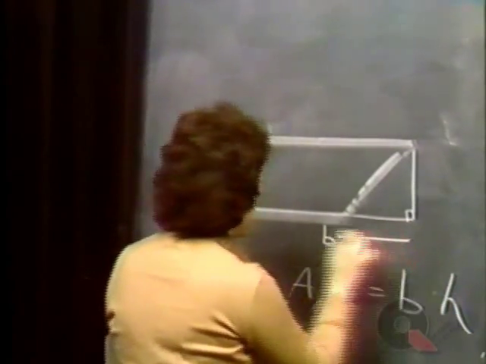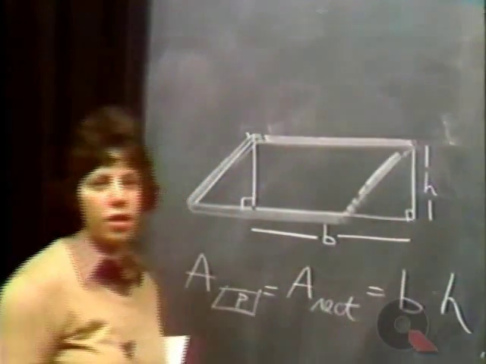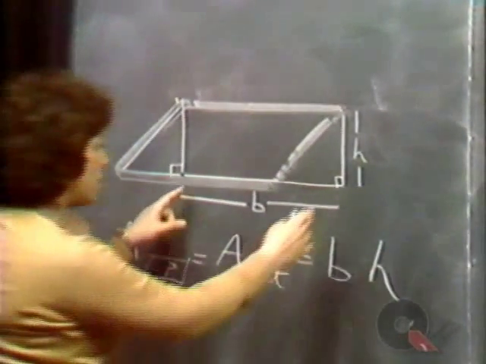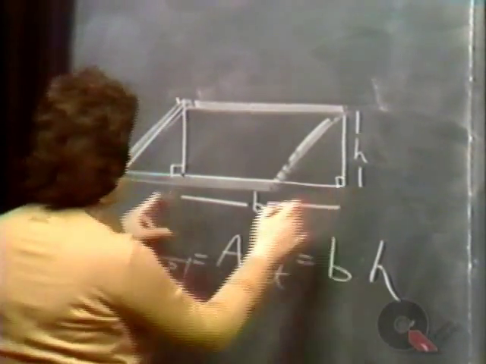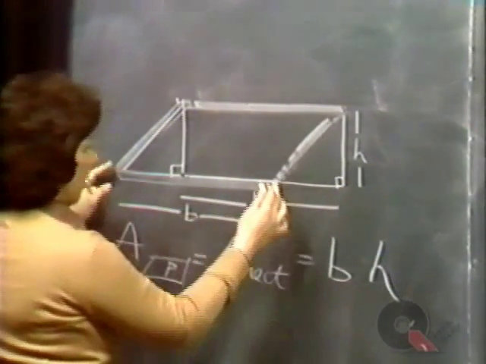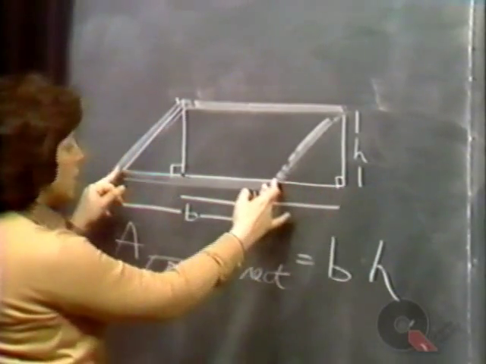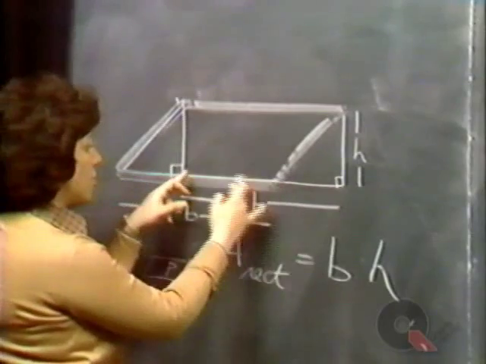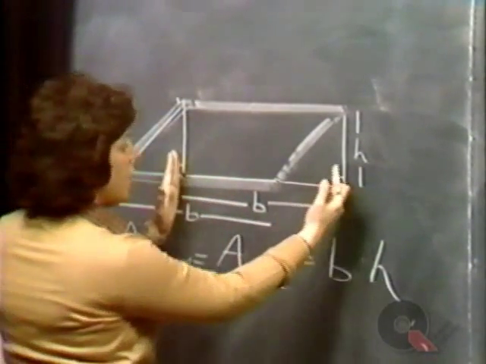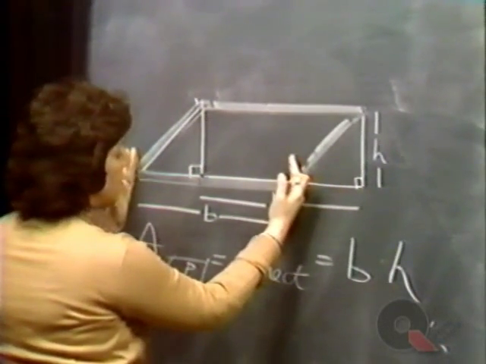Looking at the parallelogram, you will notice if this distance is b, then this length is also b. In other words, the base of the rectangle is exactly equal to the base of the parallelogram, and whether we add the triangle on here or on here, it doesn't matter. From here to here is b, that's the base of the rectangle, and from here to here is b, that's the base of the parallelogram.